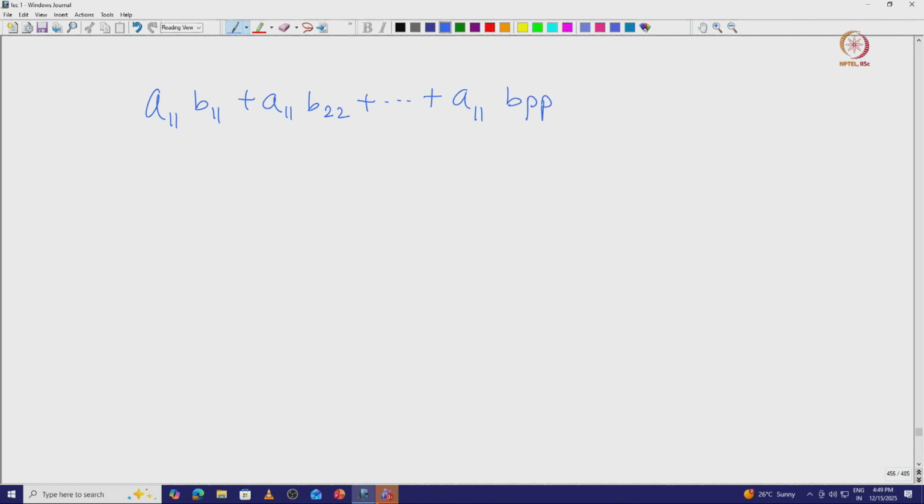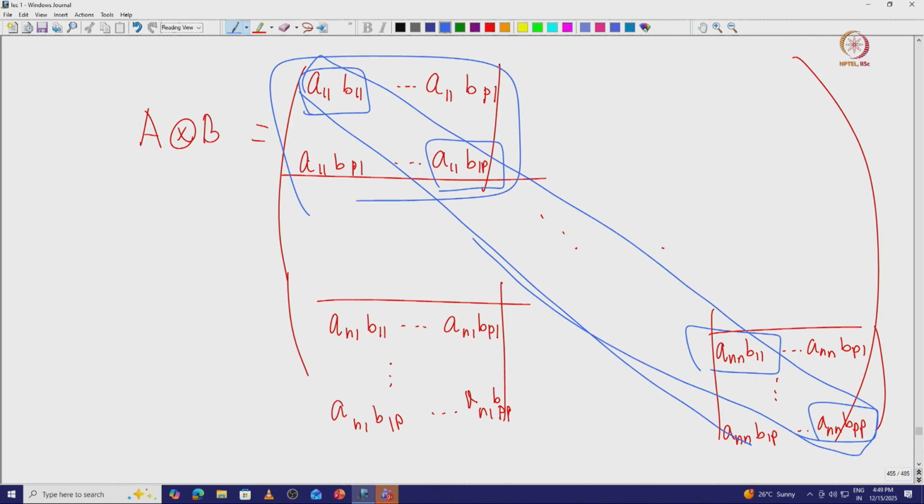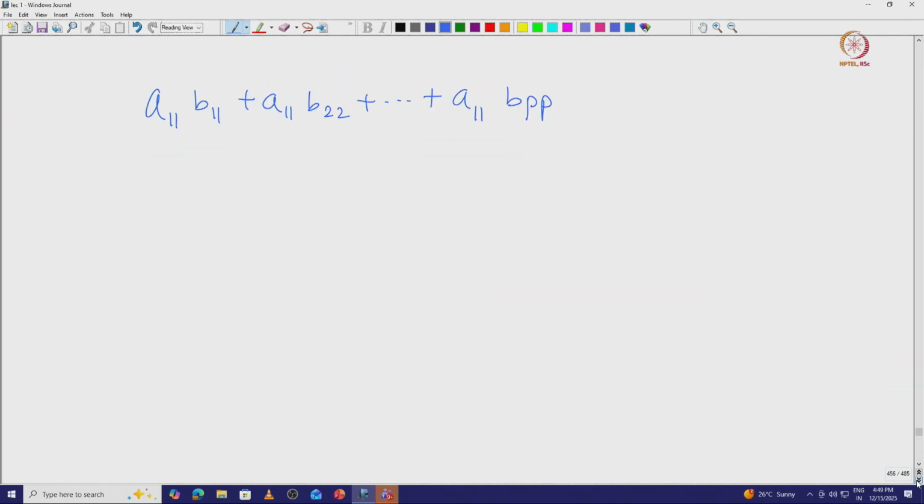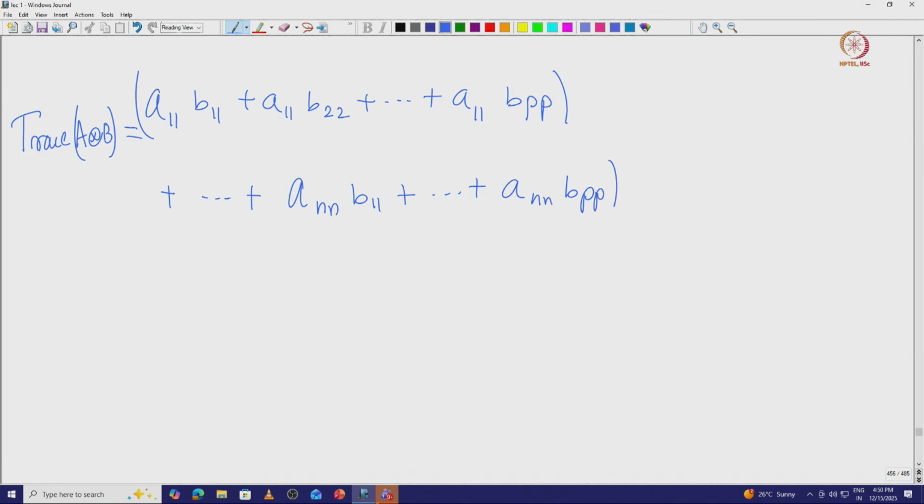This is coming from the first block, and similarly each block on the diagonal contributes to the diagonal. In particular, the trace of A tensor B is the sum of all these elements, which is exactly ANN B11 plus etcetera plus ANN BPP.